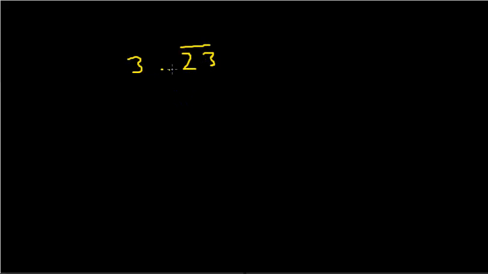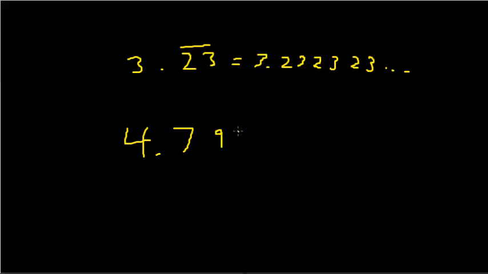Say this 3.23 repeating. What this means is we have 3.232323 on forever. Or I could have 4.792 with a bar over the 9 and 2, and I have 4.79292 on forever.